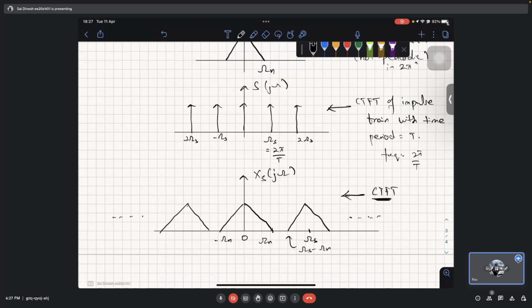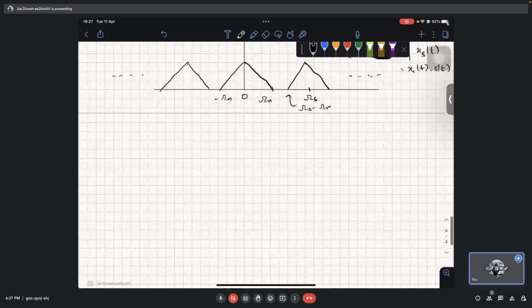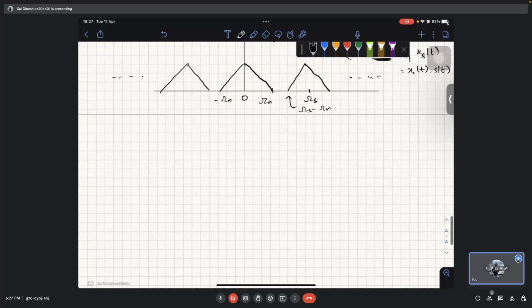We have not gone to the digital domain yet. It is the CTFT of xs of t, which is equal to xc of t multiplied by s of t, the signal multiplied by the impulse train modulator, right?